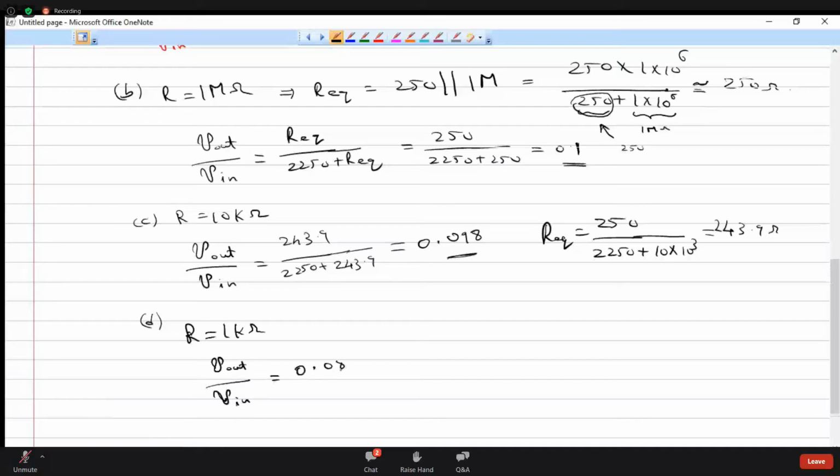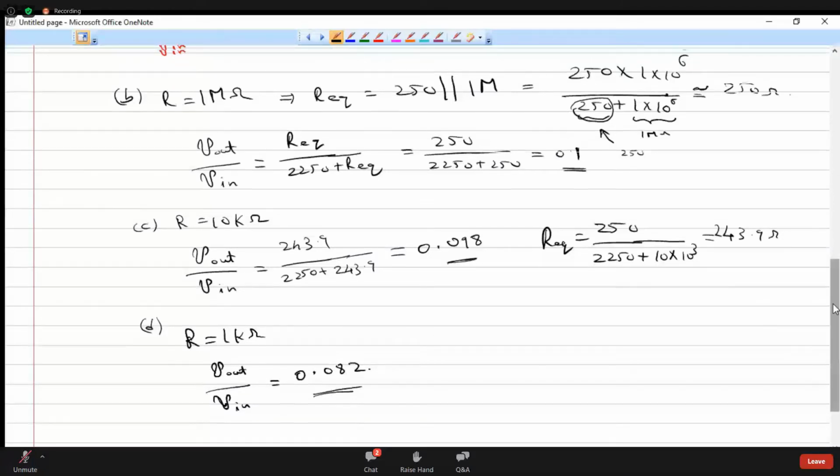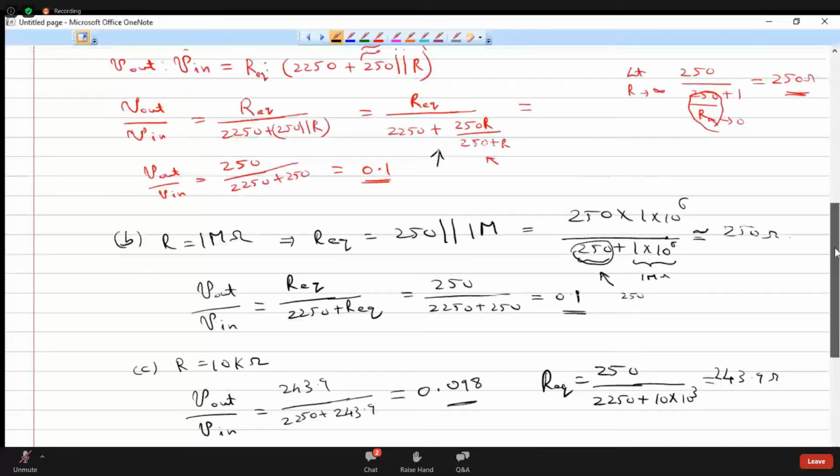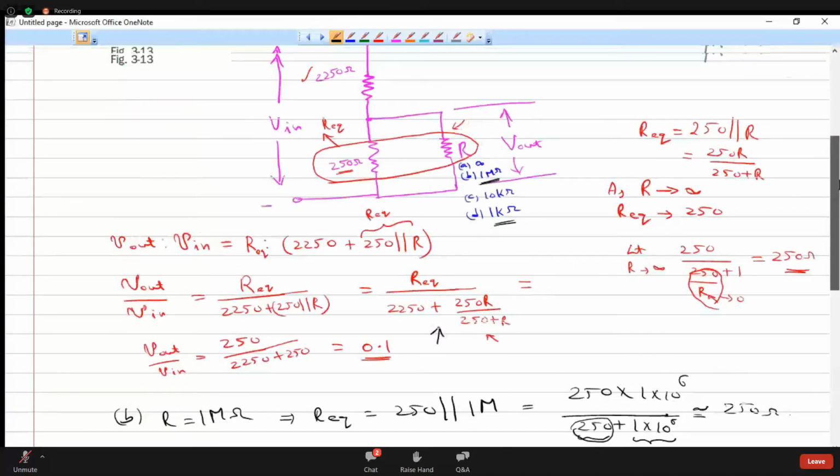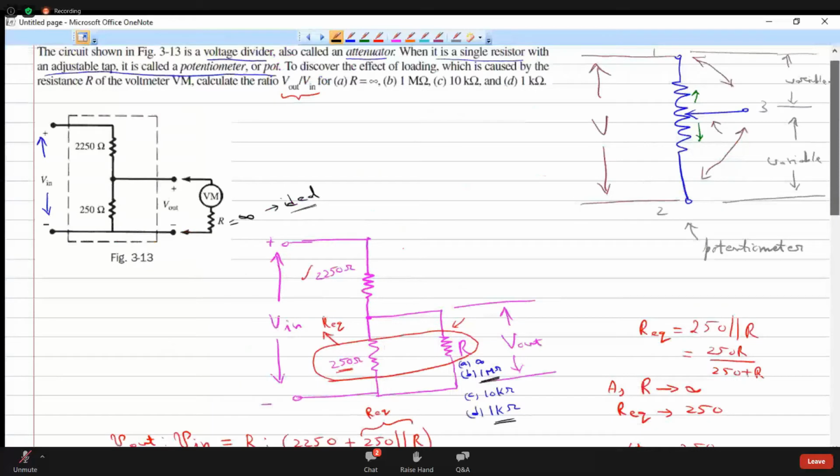We can do this as an exercise. It will drop to 0.082. So our measurement will create errors when we have the voltmeter resistance dropping. Ideally the voltmeter resistance should be infinity, so that our measurement will not be disturbed.